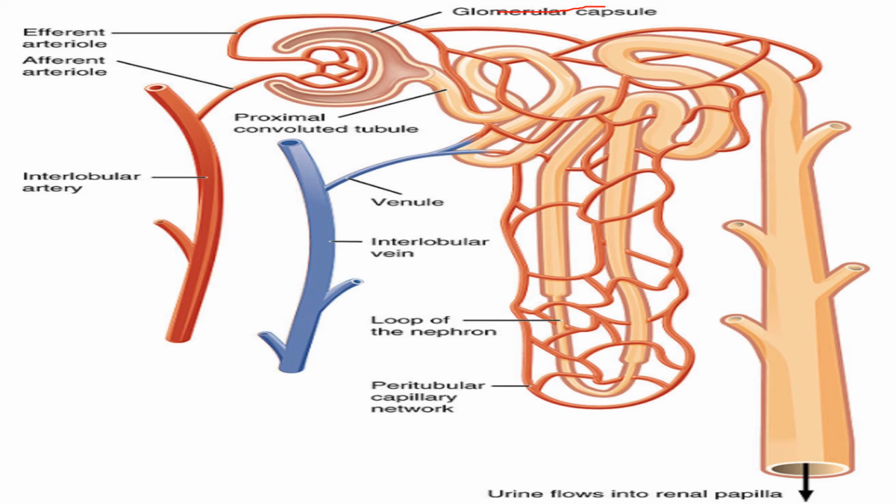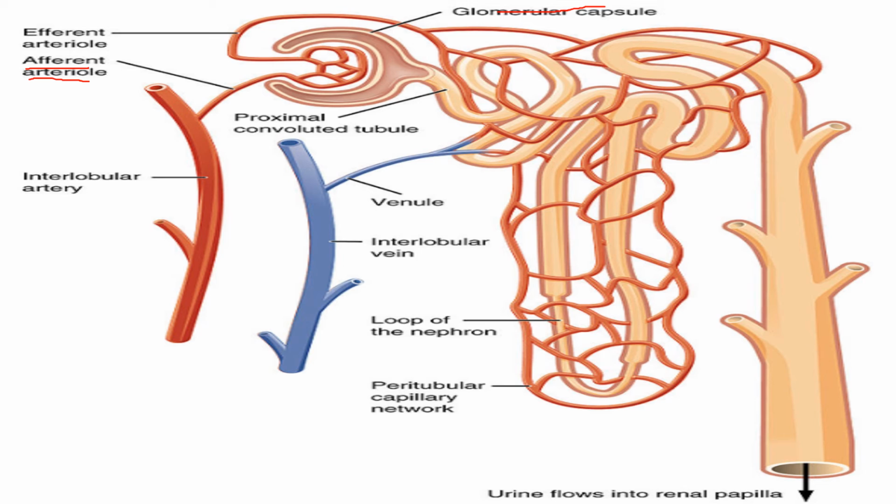You can see here the glomerulus is entered through a small artery called the afferent arteriole. A is used for arteries that are entering somewhere. So this arteriole is entering the Bowman's capsule, so it is called afferent arteriole.